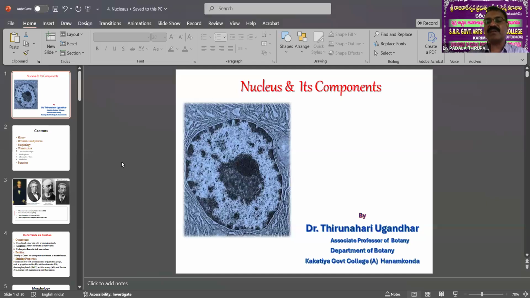Sir previously worked in various reputed institutions like SRR Government Arts and Science College, Autonomous, Karimnagar, and Government Degree College, Mehbubabad, and Jagityal. Sir has huge experience in the field of plant sciences, especially molecular biology, genetics, biotechnology, plant tissue culture.